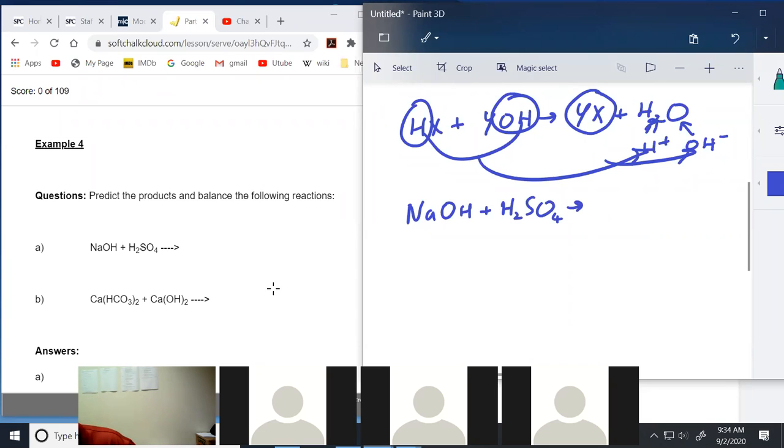So how do we handle something like this? Well, what we do is we try and draw a picture of it and put the charges on things. So we'll have NaOH, which is going to be Na+ and OH-. And if we had H2SO4, that'd be two H's and an SO4. The SO4 is 2-, and the pluses are going to be on those two hydrogens.